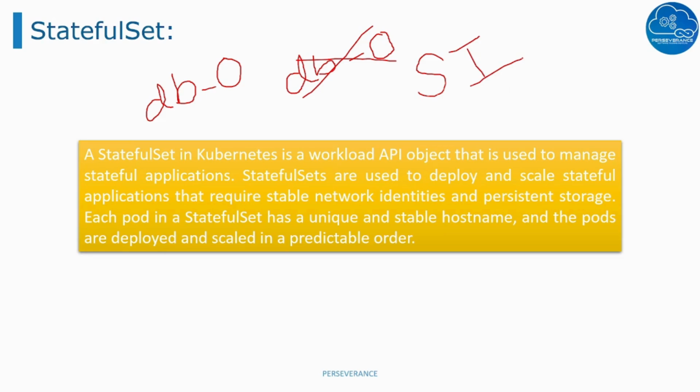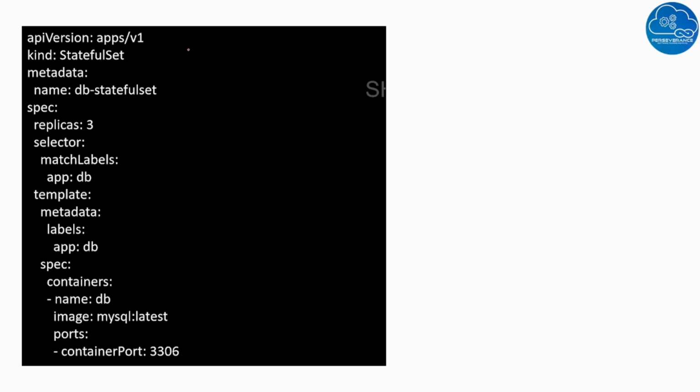Alright, so we can see the manifest here and how it goes. The kind will be StatefulSet, then the name of the stateful set, replicas 3, and the matchLabels app-db.